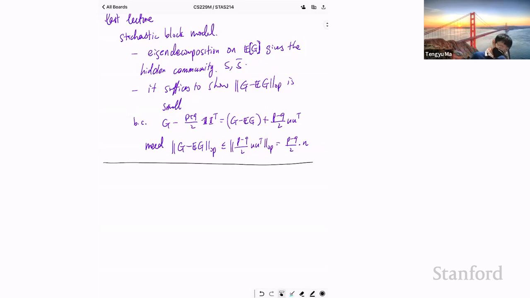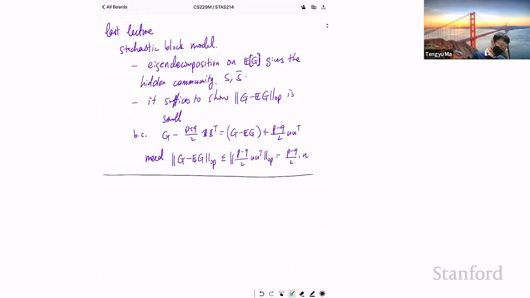Last lecture, I think we did the stochastic block model, and one of the main findings is that our goal was to do eigendecomposition on the graph G from the stochastic block model.